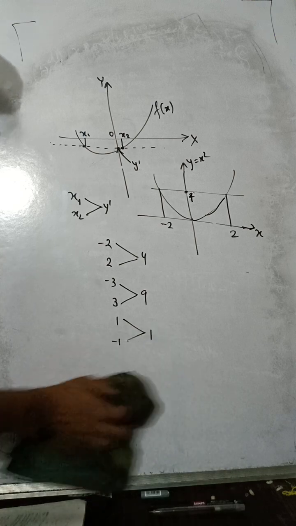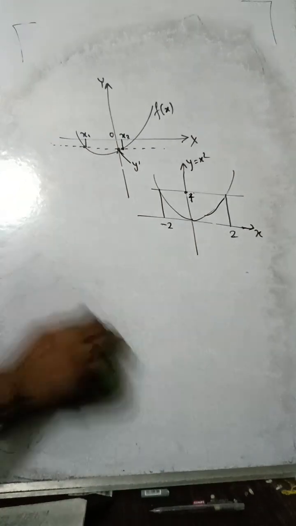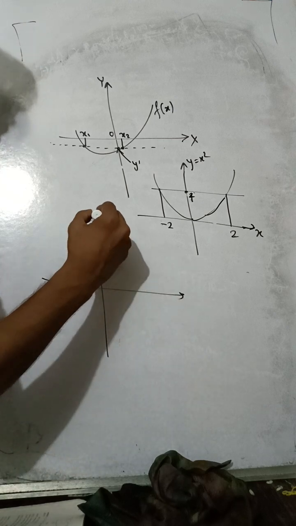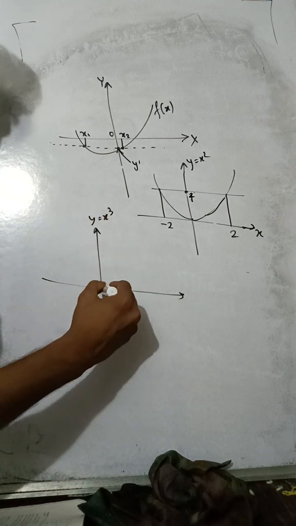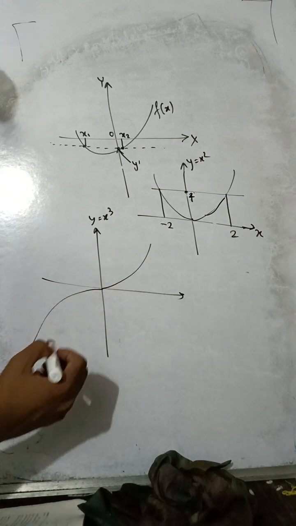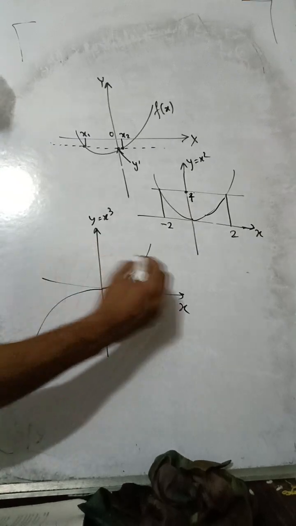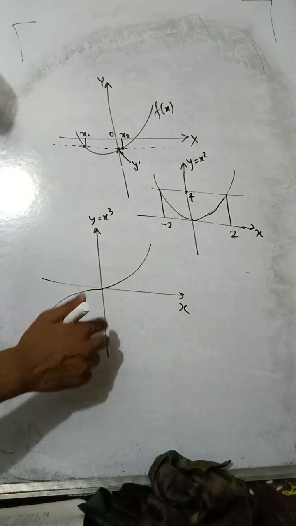We can try some more examples, perhaps y equals x cube. Y equals x cube looks something like this. But this is a one-one function. How?